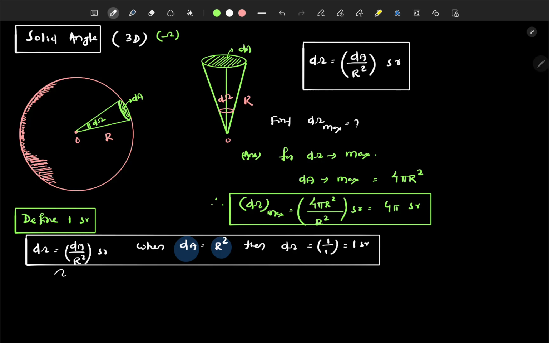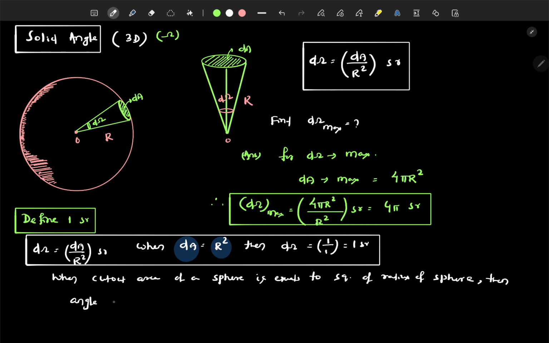So in language, what you have to write? When the cutout area of a sphere is equal to the square of the radius of the sphere, then the angle made by the cutout area with respect to the center of the sphere is called 1 steradian.